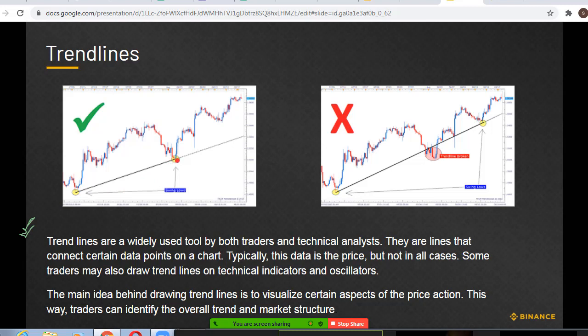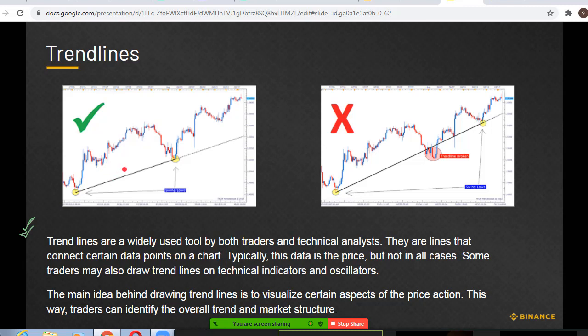Okay, so the first thing you do when drawing a trend line is to find two significant points in such a way that the trend line won't cross the chart. Although in advanced trading, you can have trend lines in between candles.